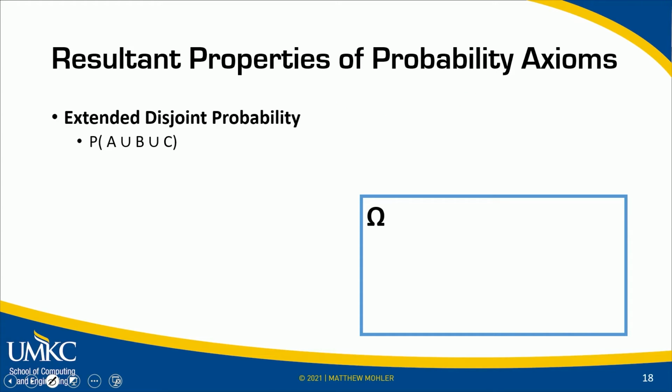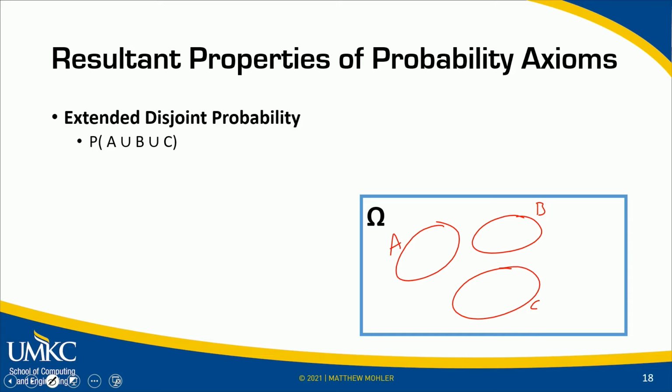So in this case, we'll look at the probability of A unioned with B unioned with C. If we draw this out graphically, we have some event A and some other disjoint event B, and then a third disjoint event C. And all three of these events, again, for it to be a disjoint probability, cannot share any overlap.